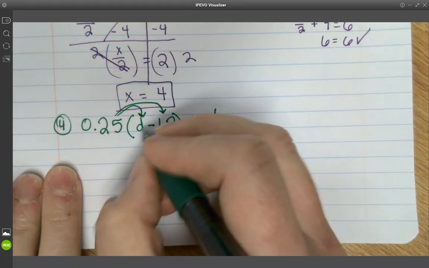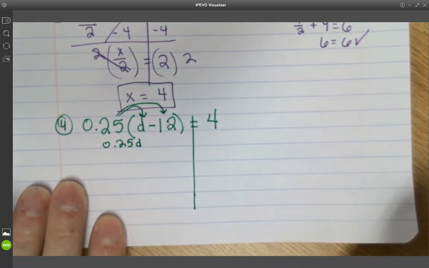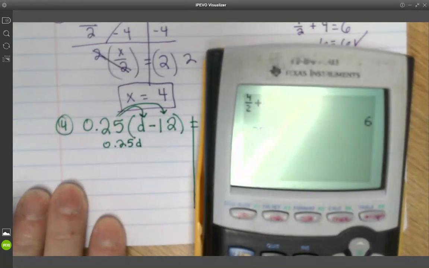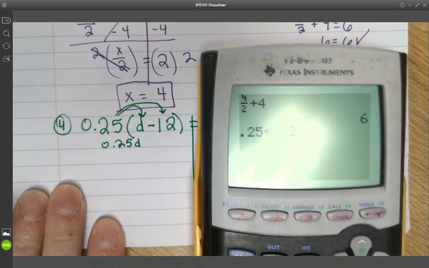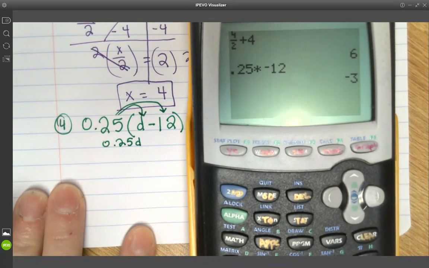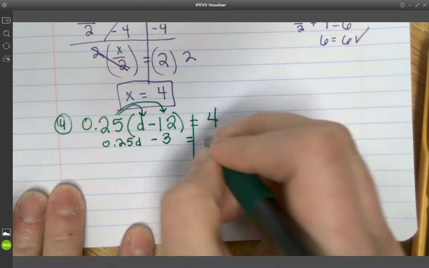Okay, so 0.25 times d is 0.25d. And then 0.25 times a negative 12, which is a negative 3, which I write just minus 3 equals 4.